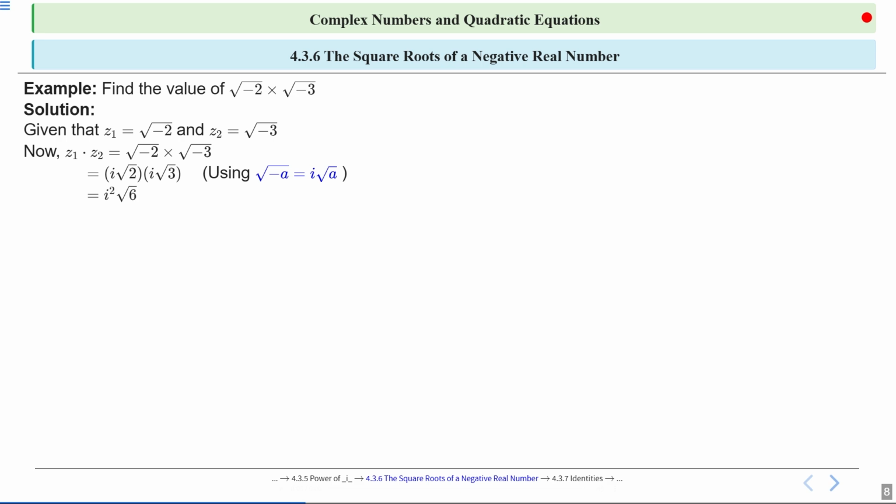Now let's simplify and multiply the terms, then we get iota square times square root of 6. Since iota square is minus 1, z1 times z2 equals minus root 6.